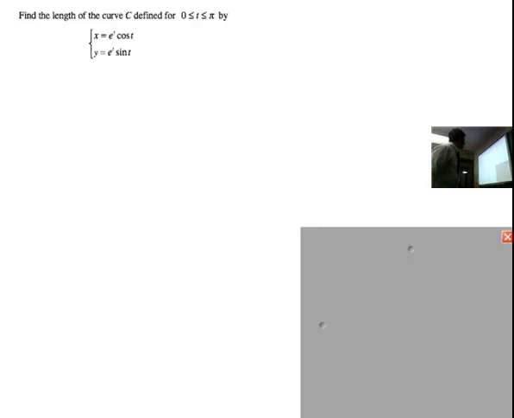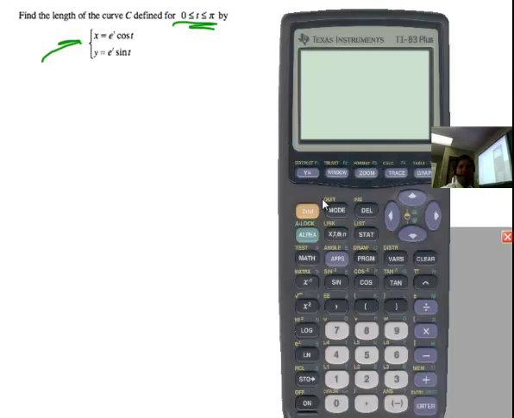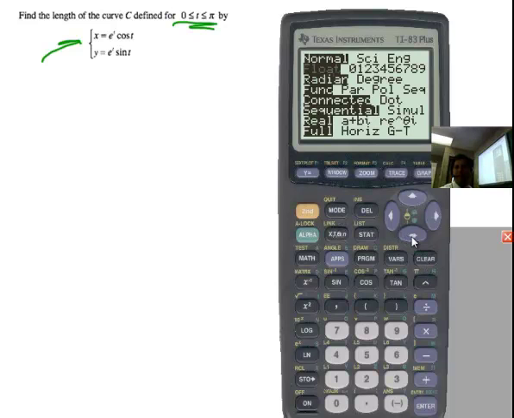So we want to find the arc length of this curve defined by the following parametric equations, over that region. Now, it might be worth getting a graph to see what this looks like. So let's pull up our graphing calculator. We've got to change it into parametric.